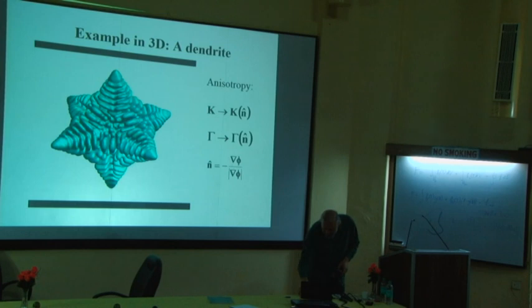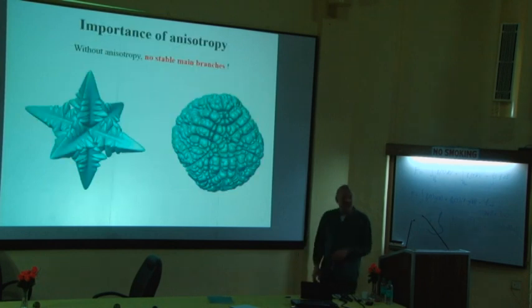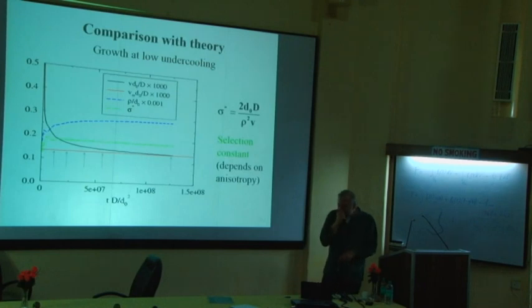Okay, so this is a dendrite. Once again, anisotropy is important. So here's what you get when you switch off the anisotropy. So it's not a good idea. All of this can be made quantitative because, I've told you, the speed of the dendrite tip settles down to a constant speed after a transient.